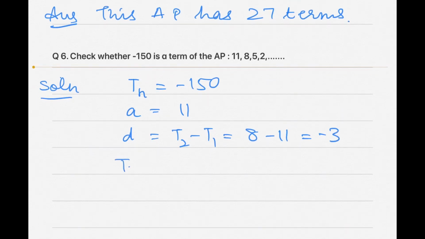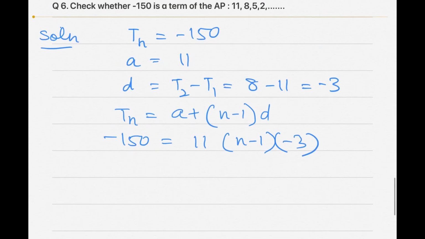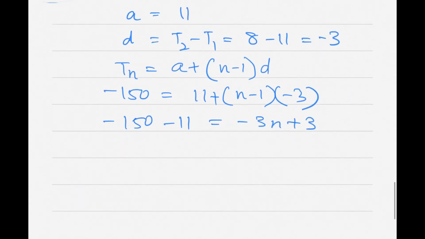Let's put it in the formula. The formula is Tn is equal to A plus n minus 1 into D. Tn is given as minus 150, and A is 11, n minus 1, and minus 3. So now minus 150 minus 11 is equal to minus 3n plus 3.